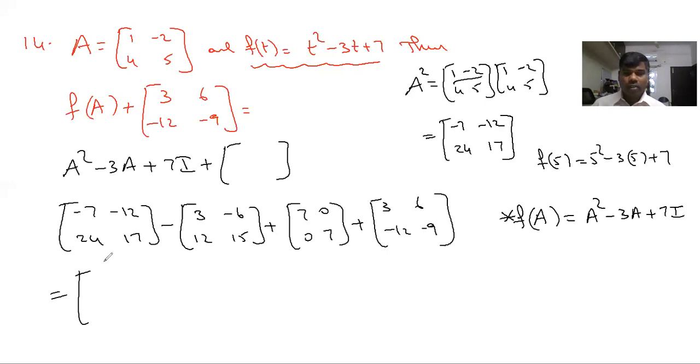So directly you can do the calculation. Minus 7 plus 7, 0. Minus 3 plus 3, 0. First element is 0. And there are two options with the first element 0. So let us calculate the second element. Minus 12, 6 and 6, 0. So there is only one option with that. So the option 2.